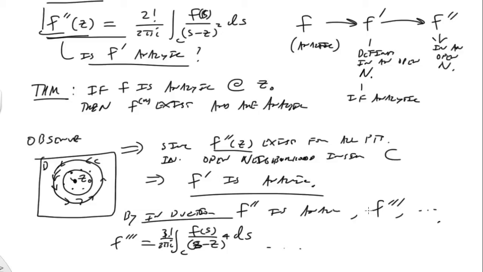Okay, so now we know a really important fact: once a function is found to be analytic at a point, then it is infinitely analytic, if you will. Maybe a better way to state this is that all derivatives exist and are analytic at that point.